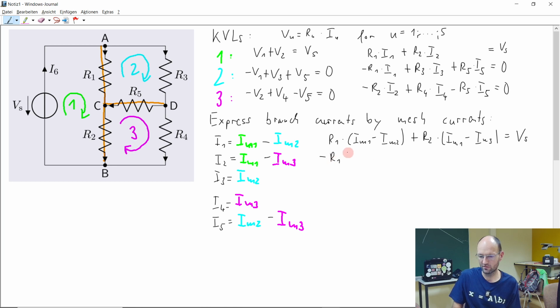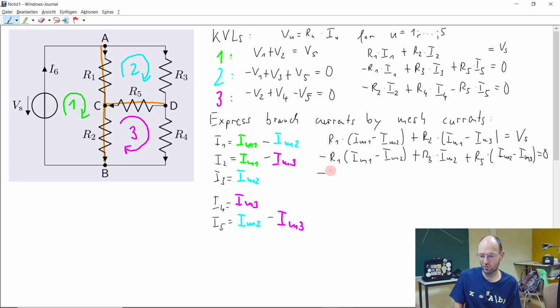Then we have minus R1 multiplied with IM1 minus IM2, which is once again this. Then we have plus R3 multiplied with IM2, and plus R5 multiplied with the difference of these two, IM2 minus IM3, and this at the end should be 0.